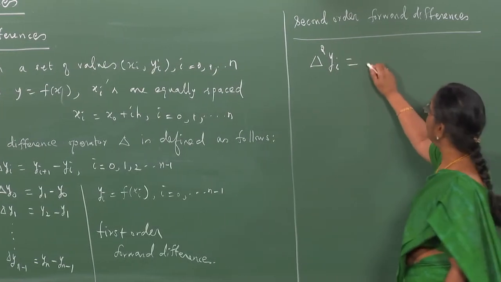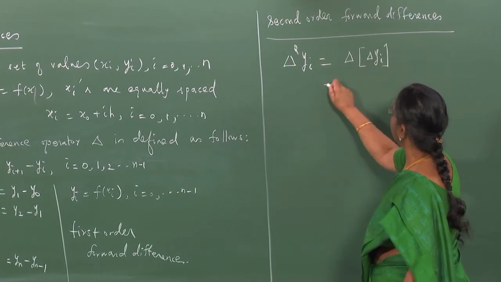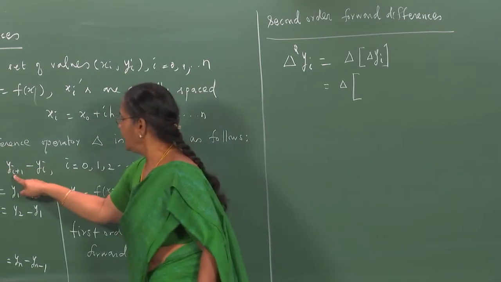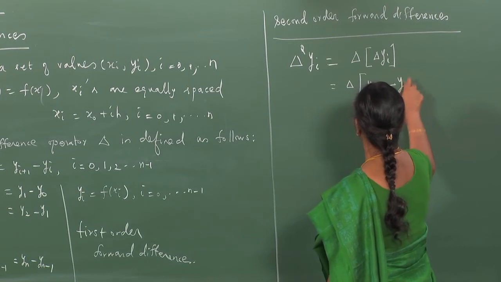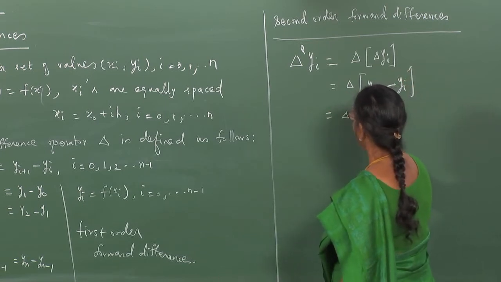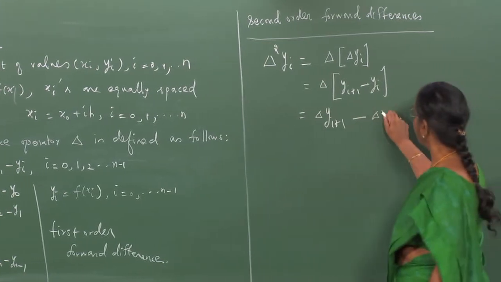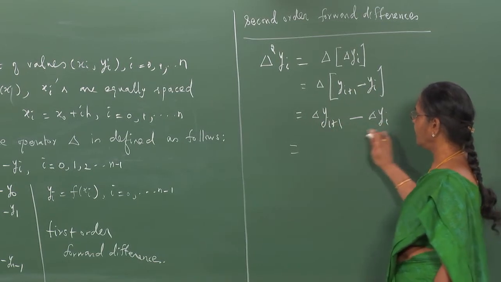So, this will be delta on delta yi, that is delta on, we know delta yi is yi plus 1 minus yi. So, this will be delta on yi plus 1 minus delta on yi. So, these are first order forward differences.